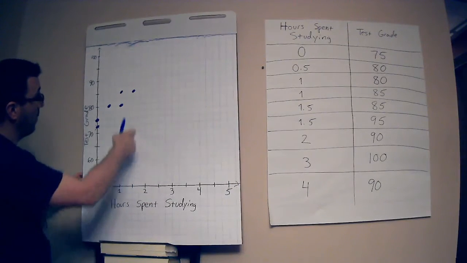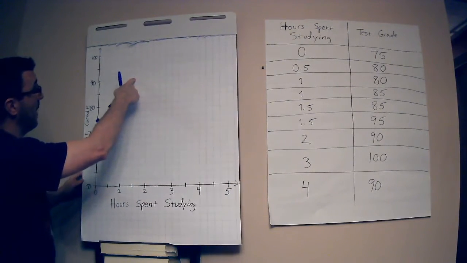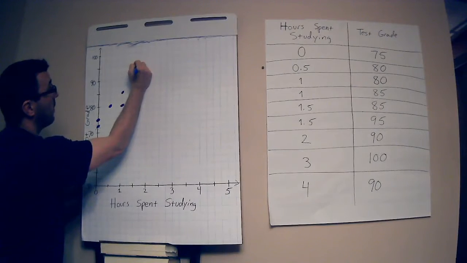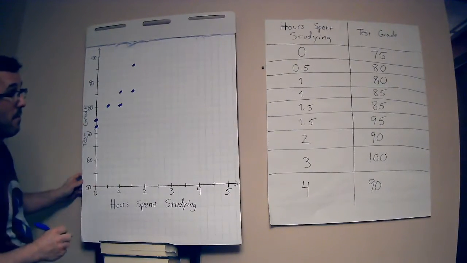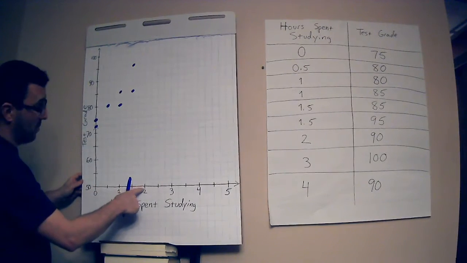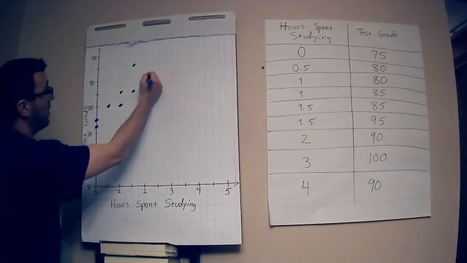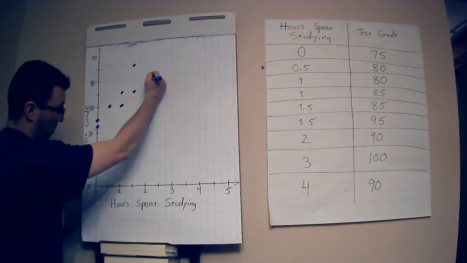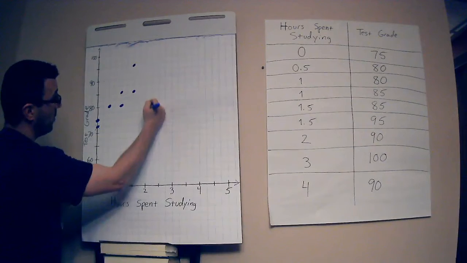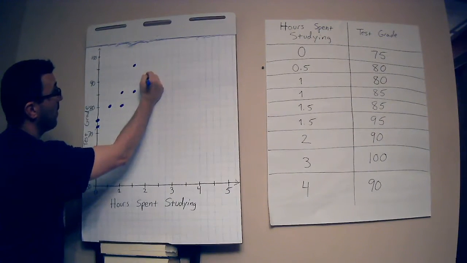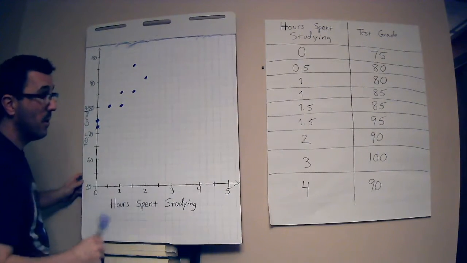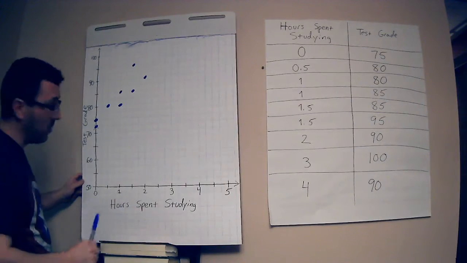We're going to follow that all the way up. Here's 85, 90, 95. 2 hours, this student got a 90. So that's right here. Make sure I'm on the right spot. Right there. Students studied for 3 hours, they got 100.